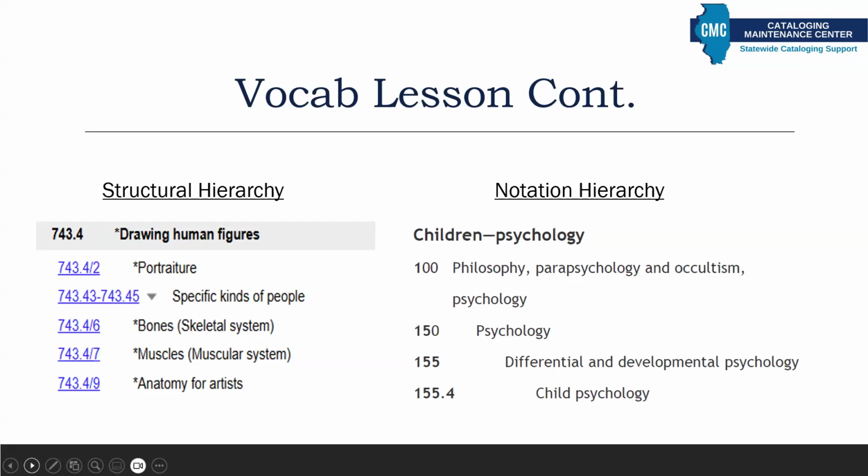So we went from the overall class in 100 to the discipline psychology in 150 to a subject in 155 of differential and developmental psychology. And then by adding the 4 after the decimal point, lengthening the notation, we arrive at the classification of child psychology.